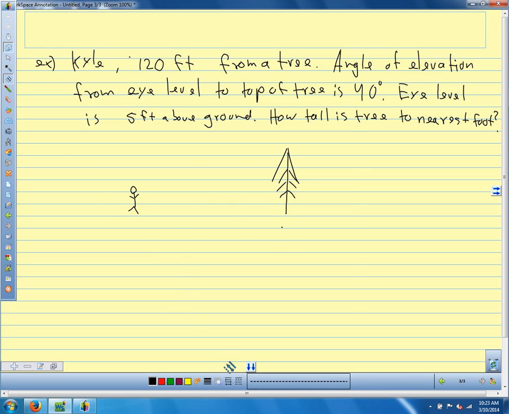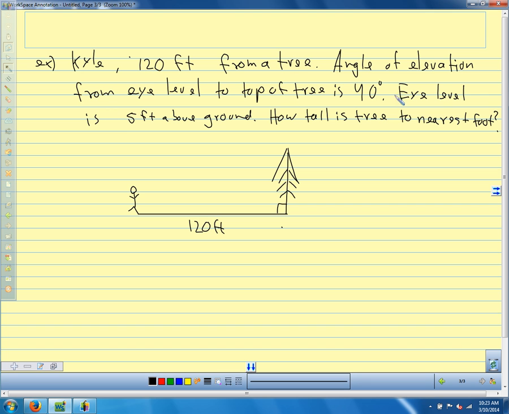And here's the ground level. And we know he's 120 feet from the tree. So we know that's 120 feet. And we're assuming here that the tree is growing perfectly vertical. So this is a 90-degree angle.